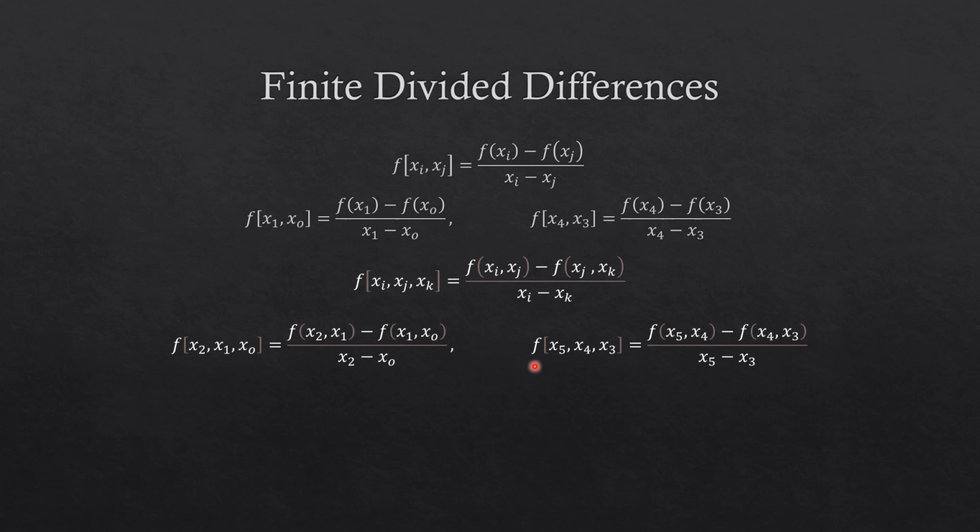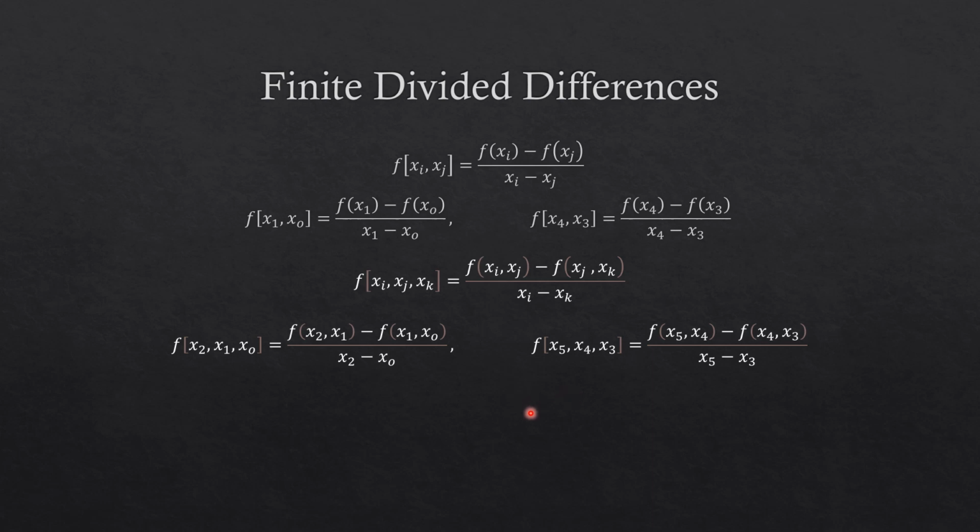For the second finite difference f of x5, comma x sub 4, x sub 3, it will be equal to the difference between the first divided differences, f of x sub 5, comma x sub 4, and f of x sub 4, comma x sub 3, divided by x sub 5 minus x sub 3.